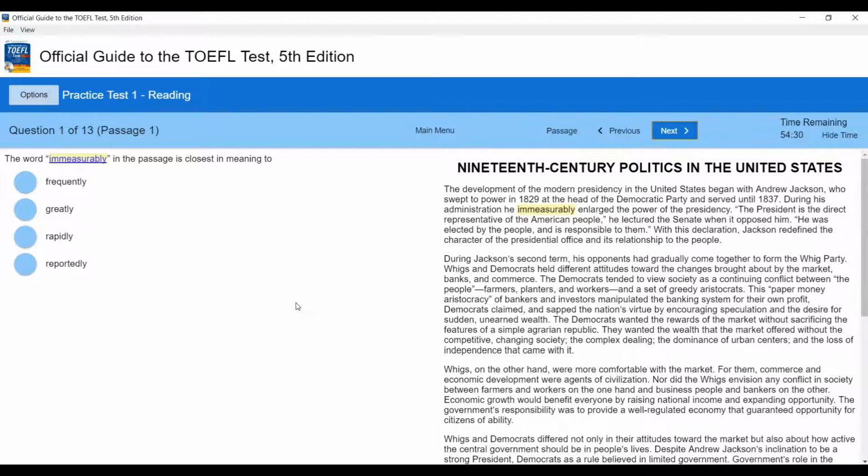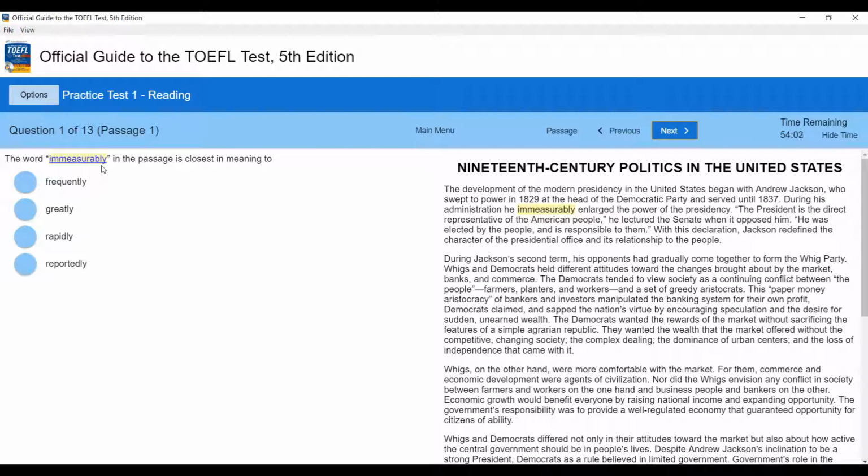Okay, so this first one, a vocabulary question. One thing I would recommend is getting familiar with Latin and Greek prefixes, roots, and suffixes, because in some cases that can help you pick apart the pieces of a word and understand them.